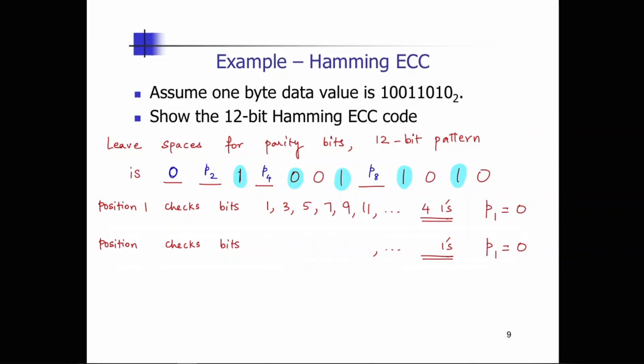So position 2 checks bits 2, 3, 6, 7, 10, 11, and so on. Let me highlight that with a different color. Maybe I choose pink for this. I've got 1.